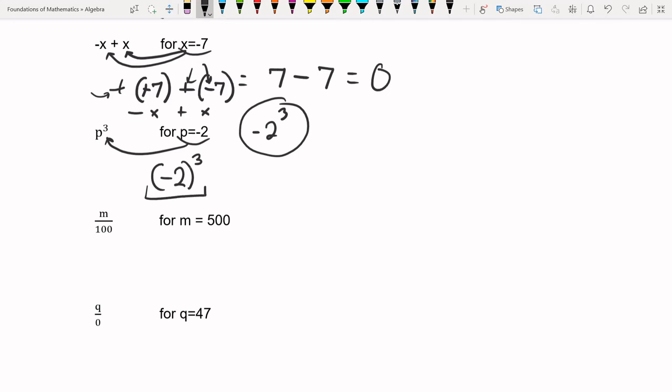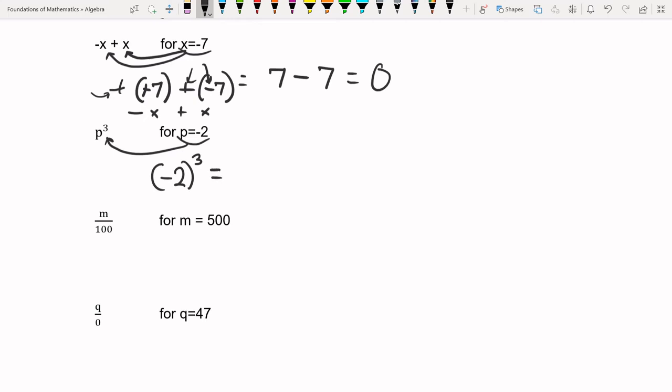This one here, the correct version, is saying -2 is being cubed. I hope you see that difference there. That's why, whenever you're inputting things for variables in formulas, always make sure you put it in parentheses.